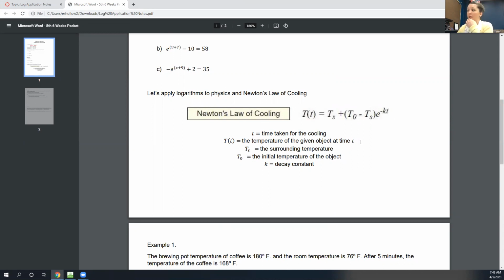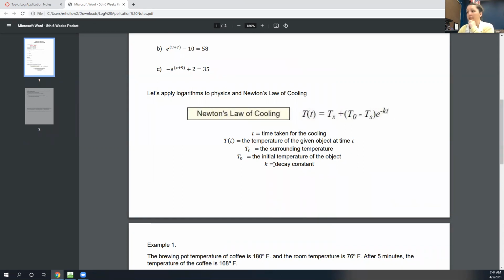So that's your outcome basically. Then T_s is the surrounding temperature. And T_0 is the initial temperature of the object. You can think about that as your initial or starting temperature.